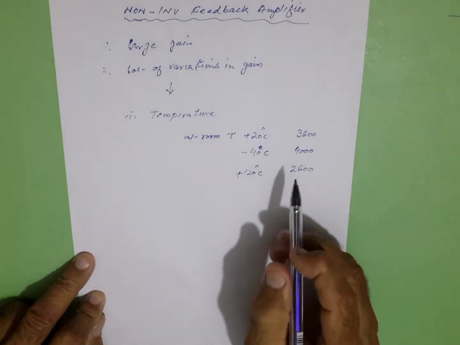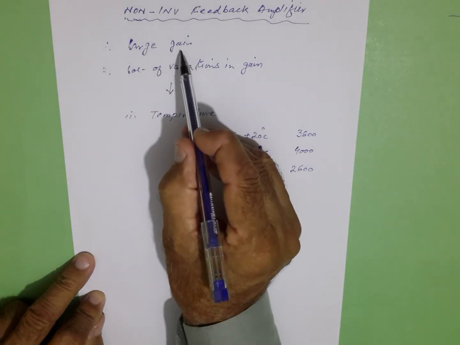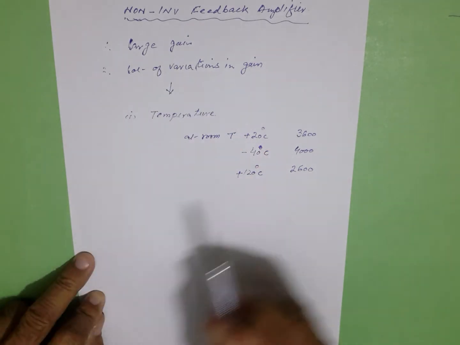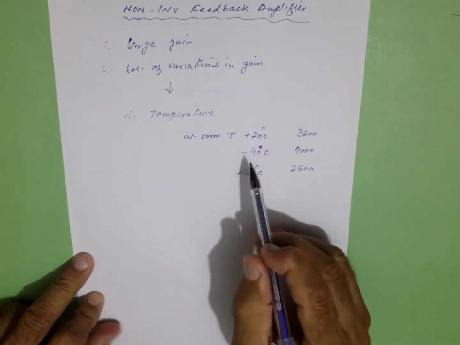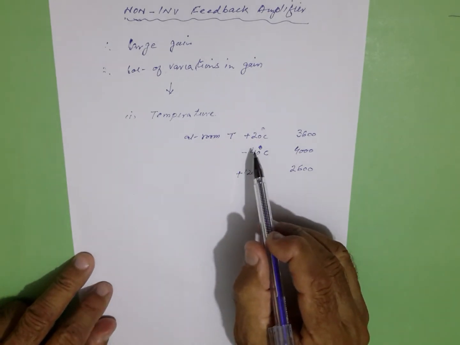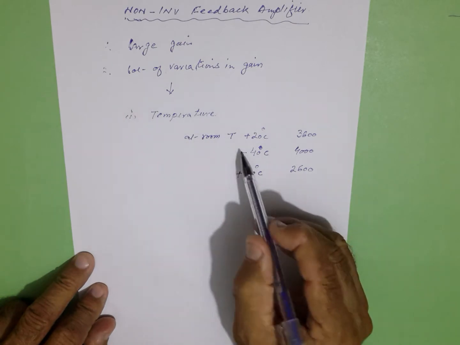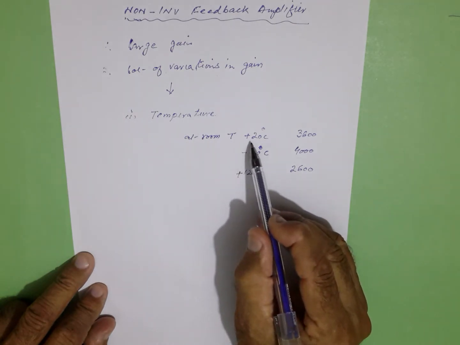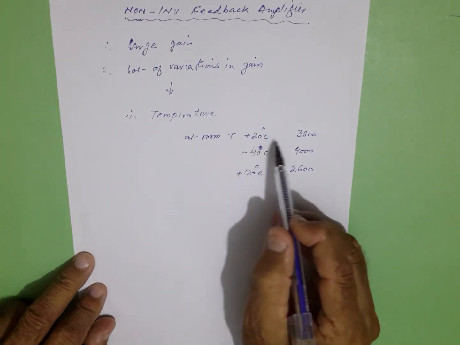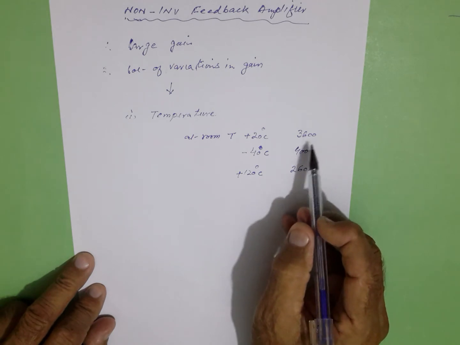Now, although the gain is very large, there is a lot of variations in gain due to, first, the temperature. At room temperature positive 20 degrees Celsius the gain is 3600.